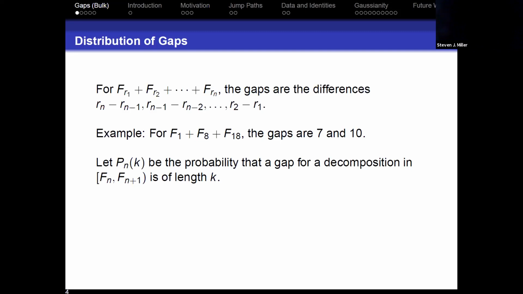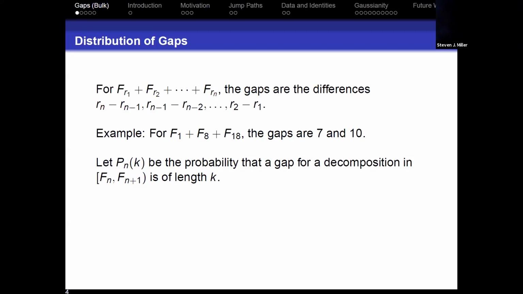So we're going to do a little probability here. Let P sub n,k be the probability that a gap in our decomposition is of length k. So there's a lot to unwind here if you haven't seen probability before. The first is, P is coming from the word probability. The N is coming from the fact that we're going to look at numbers between Fn and Fn+1.